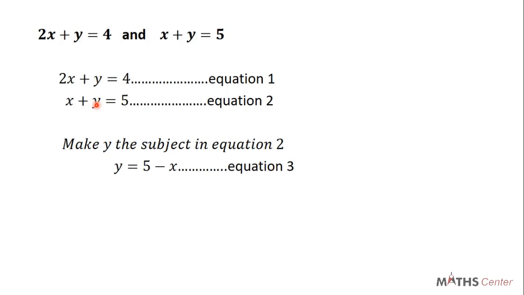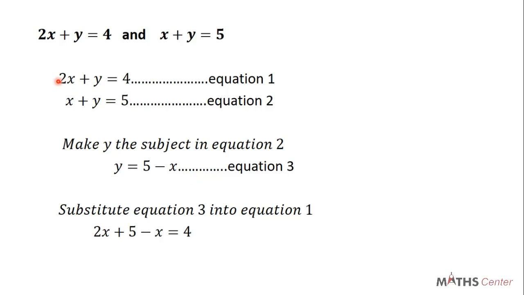So I will substitute y is equal to 5 minus x into equation 1. What this means is that wherever I see y in equation 1, I'll replace it with 5 minus x. So from here, I will say that I will substitute equation 3 into equation 1.